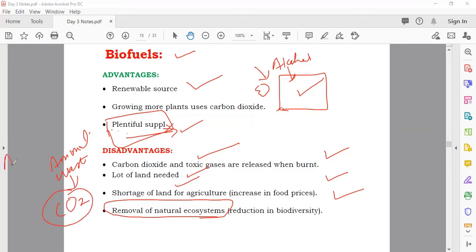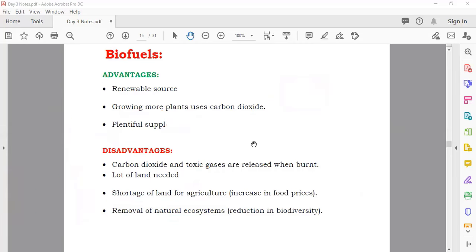If you burn alcohol, carbon dioxide is not produced. Both are biofuels, but sometimes one biofuel creates the issues and the other does not. So don't be confused about this. Can I move forward?